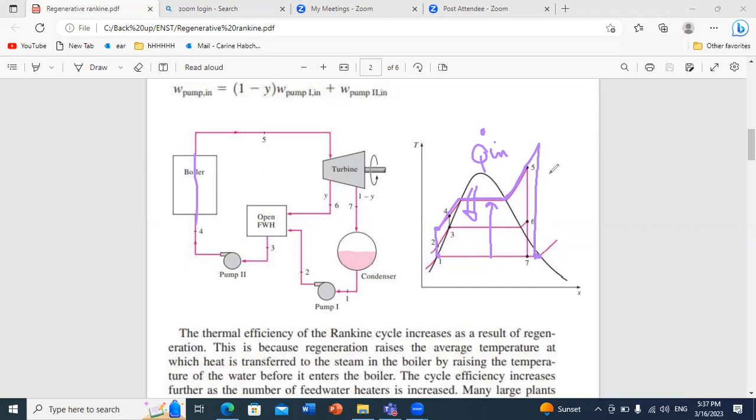But also, what is the limit here? We said that we have exceeded the maximum temperature. Exactly. So this is why we thought about another alternative, which is to do multiple reheat. So when I do multiple reheat, I limit the increase in temperature, and at the same time, I can have a high value for the quality. So all of these strategies enhance the efficiency of the system.